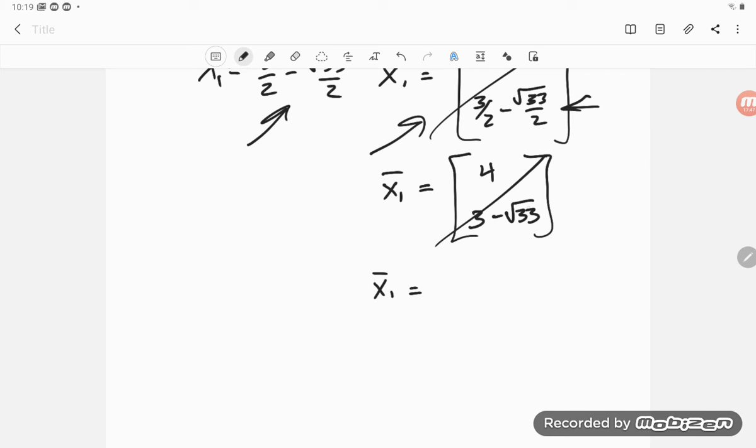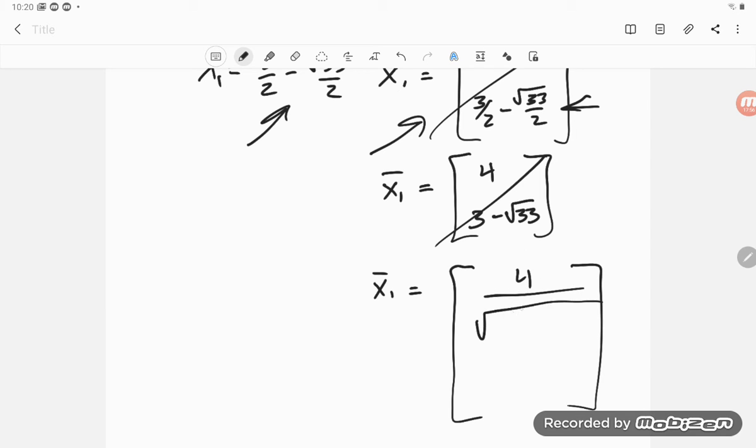And so here I could use the unit vector 4 over the square root of 4 squared plus 3 minus the square root of 33 squared, and then 3 minus the square root of 33 all divided by the square root of 4 squared plus 3 minus the square root of 33 squared.